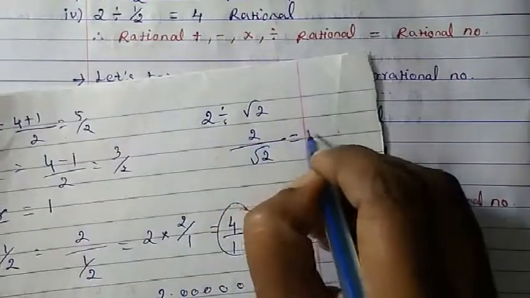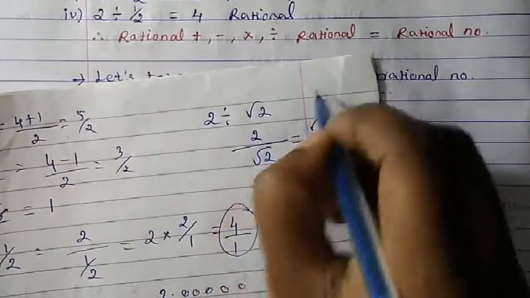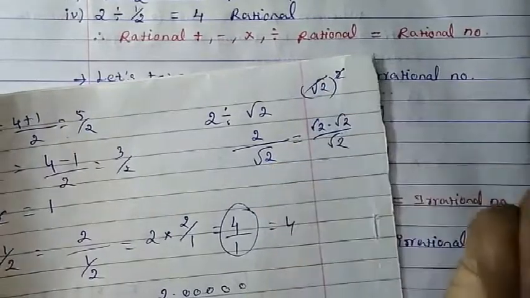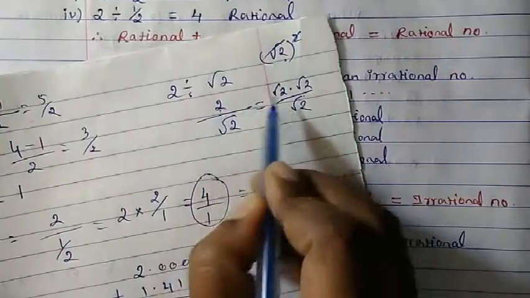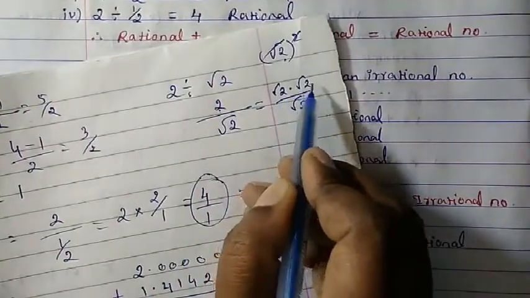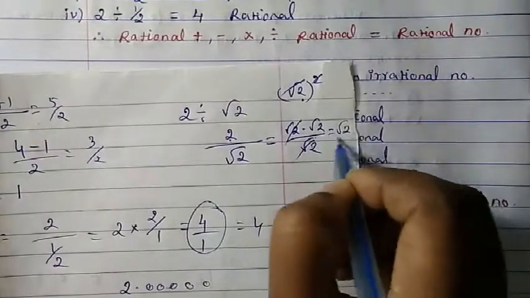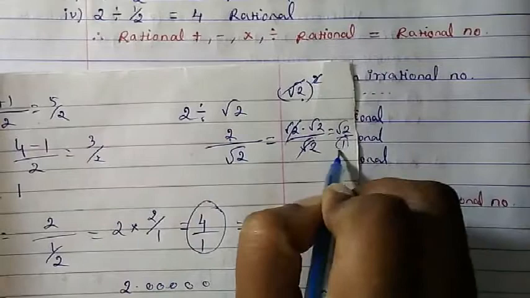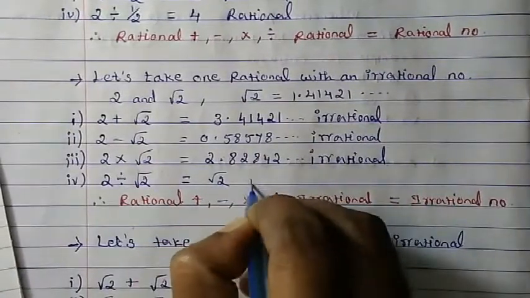This 2 also can be written this way, because you know that the square and the root will cancel, so we get 2. So it can be written as root 2 into root 2. So when they cancel, what will be the answer? We will get root 2 again.